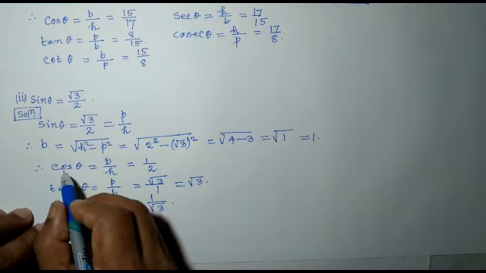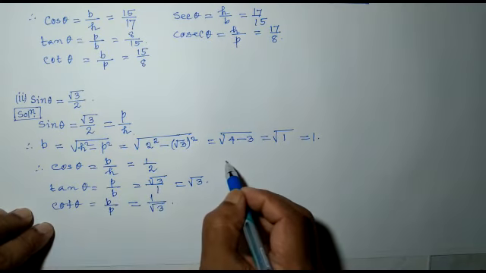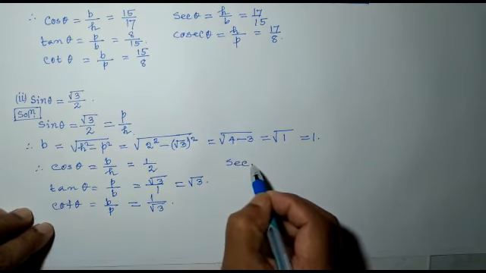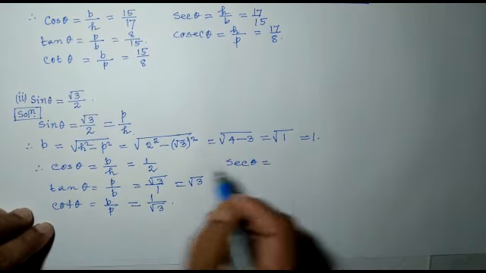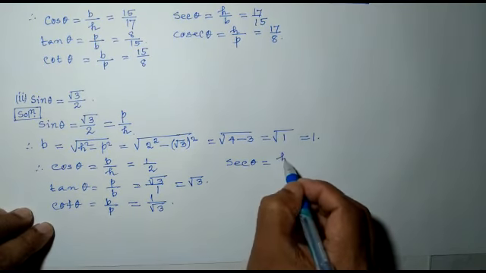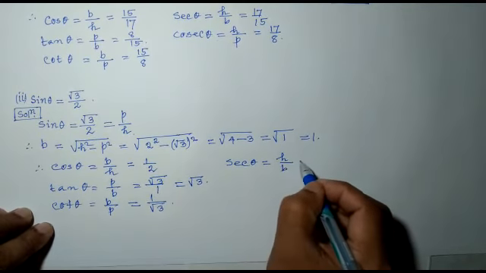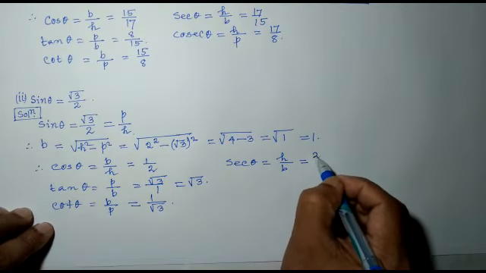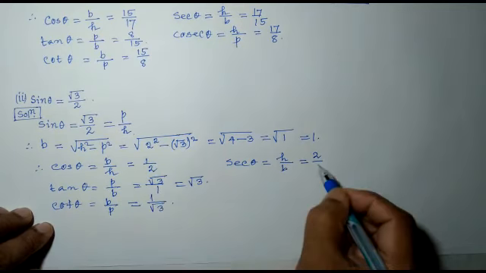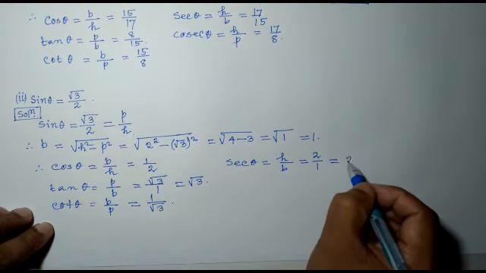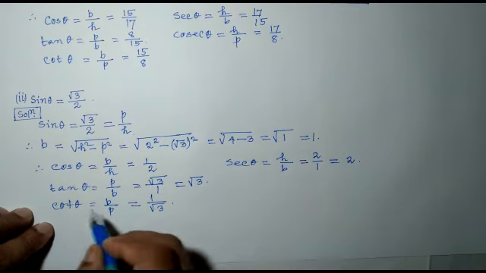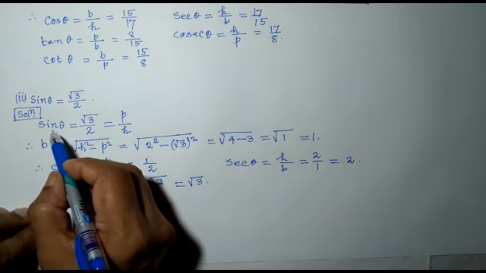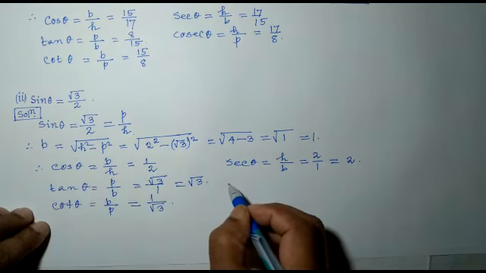And now the reciprocal of cos theta, I write it here, sec theta. Sec theta is hypotenuse up and base is down. So hypotenuse is 2, 2 by 1. 2 by 1 is only 2. And then we have this sin theta. Then the reciprocal of sin theta is what?